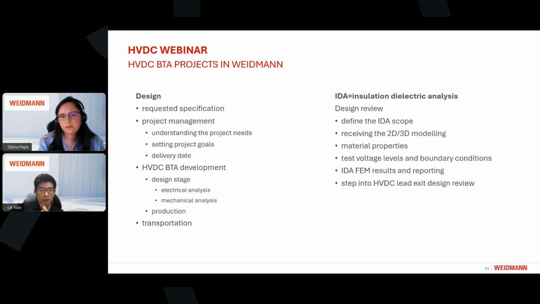So talking about the HVDC projects, we have two kinds of design projects. The first is the design where we receive the specification: we understand the needs, the scope, the goal and the delivery time, start the bushing test arrangement development or design stage, and then produce and transport.